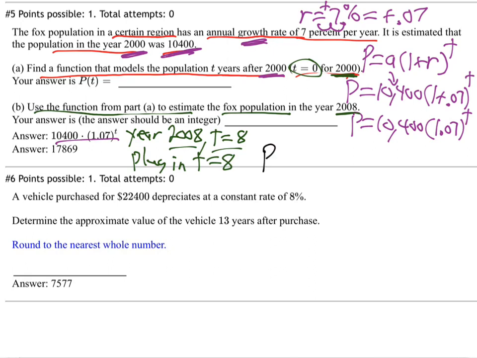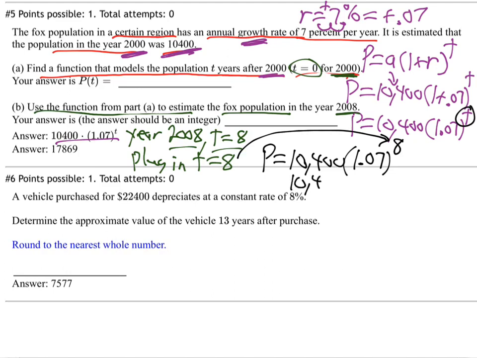Here we go. Population will be 10,400 times 1.07 to the 8. See, I just plugged in 8 right there for time. Okay, then use your calculator on that one. So you're going to take 10,400 times 1.07 to the power, like the up arrow, or on your calculator it might be y to the x or some other button like that for power, to the 8th power equals.